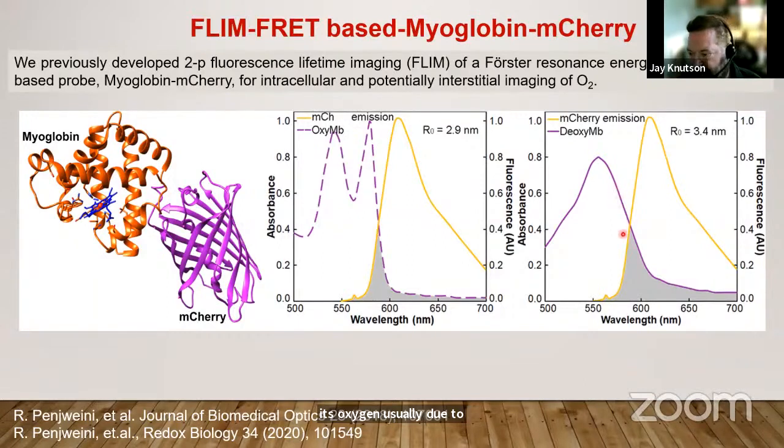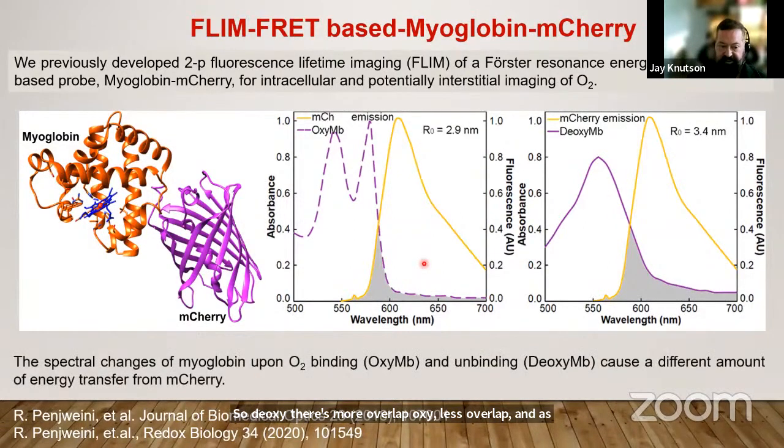If it were a piece of meat, this tail moves to the red and it starts to have what's called the Q band. And so there's much more overlap with mCherry. So deoxy, there's more overlap, oxy, less overlap. And as a consequence, the lifetime is going to be shorter for deoxy.